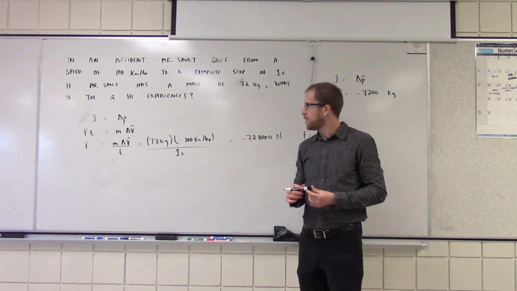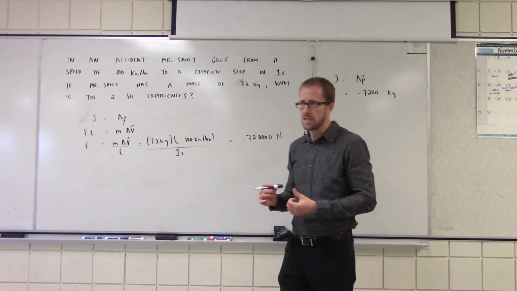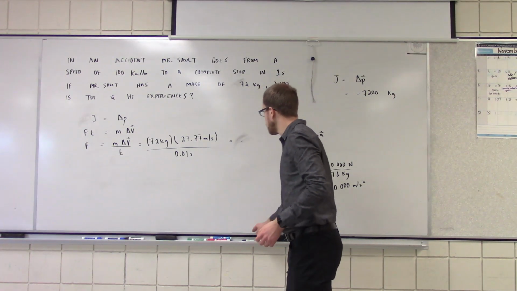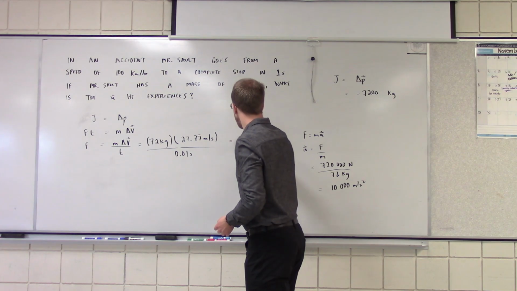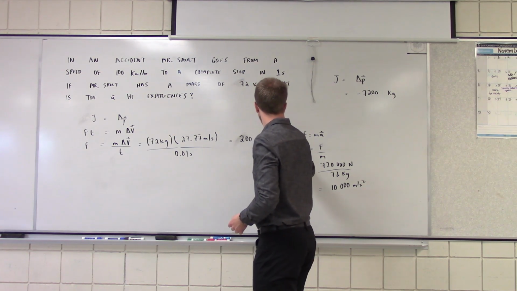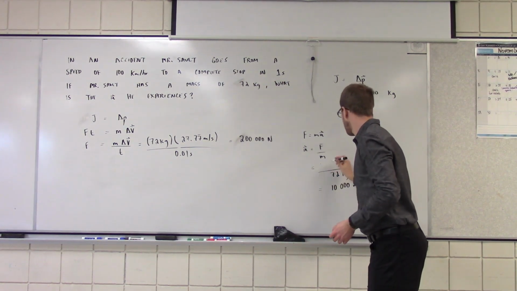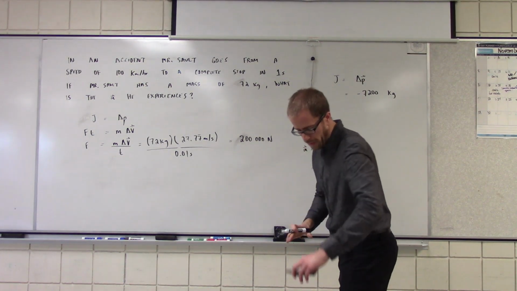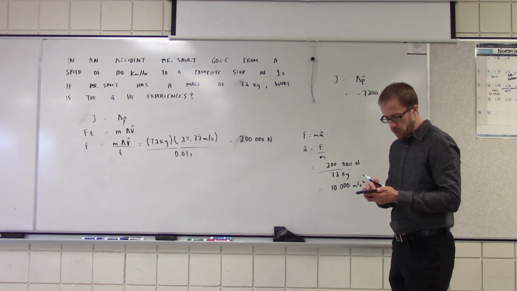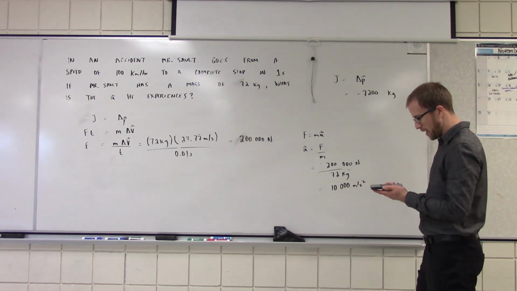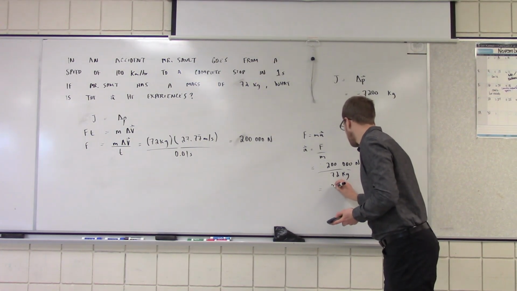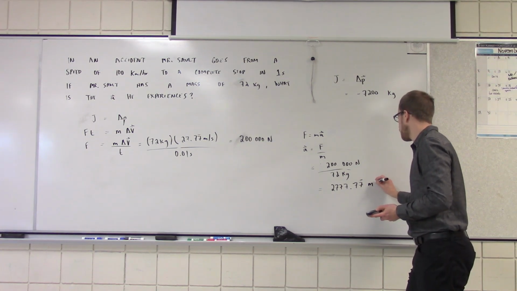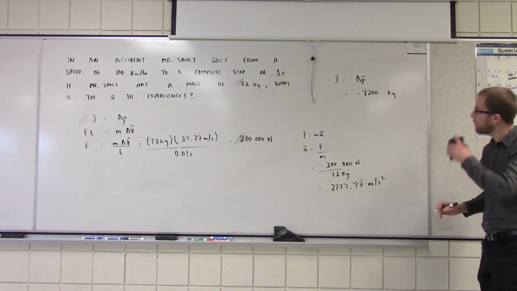Nick, in your calculator there, can you please divide 100 by 3.6? That is 200,000 on the nose. Still a big number. 200,000 newtons. 200,000 divided by 72 is 2,777.77 meters per second squared.